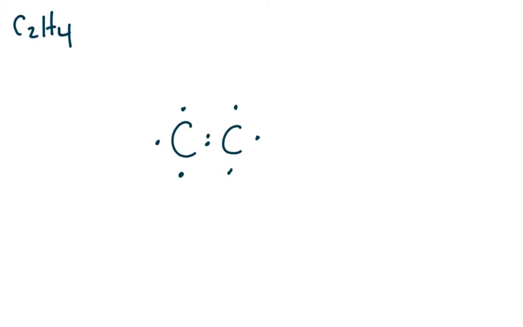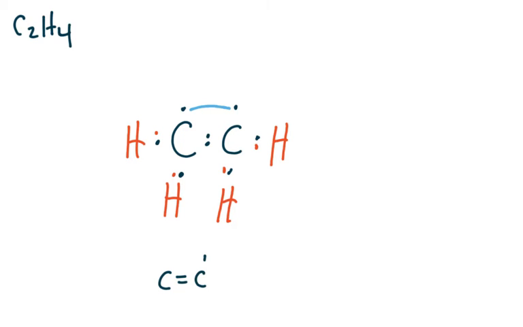And then we have 4 hydrogens, and we can put 2 on each carbon. Carbon is now deficient though. It needs to share 1 more. So the last ones can share. We get a double bond.